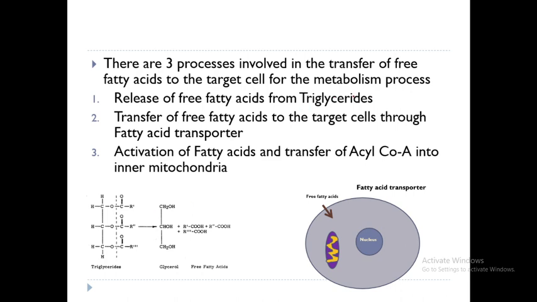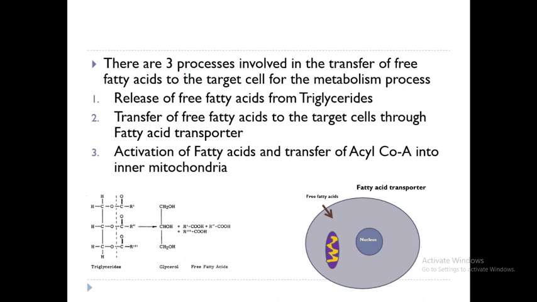Triglycerides, you have learned the structure of triglycerides. It is the combination of glycerol and 3 fatty acids. For the fatty acids to undergo the beta oxidation process, the fatty acids have to be freed. That is, free fatty acids have to be made available.